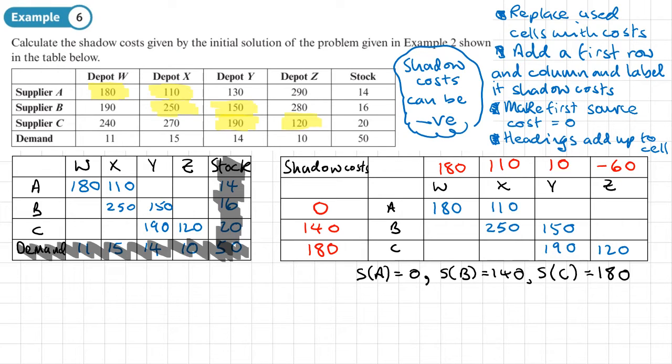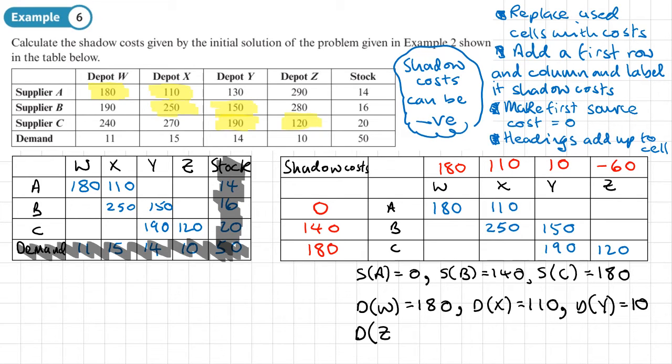And our destination cost from W was 180. So I'm writing down all the numbers in red. These are the shadow costs. The destination cost at X is 110. The destination cost for Y is 10. And the destination cost for Z is minus 60.